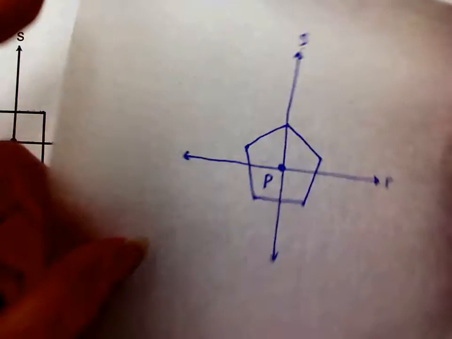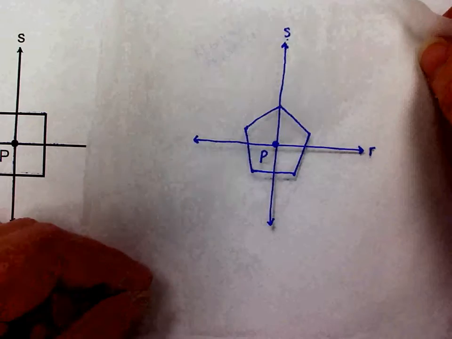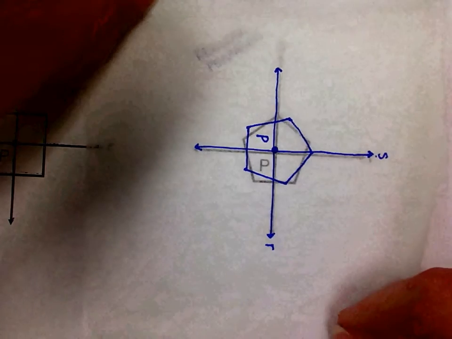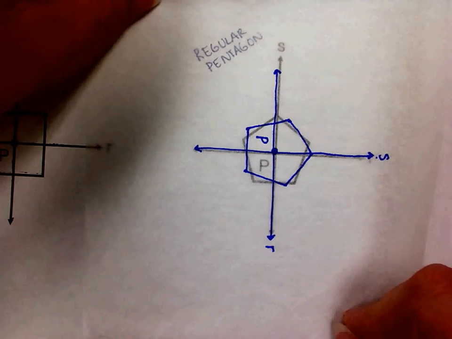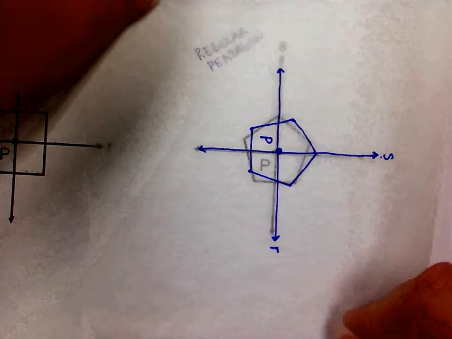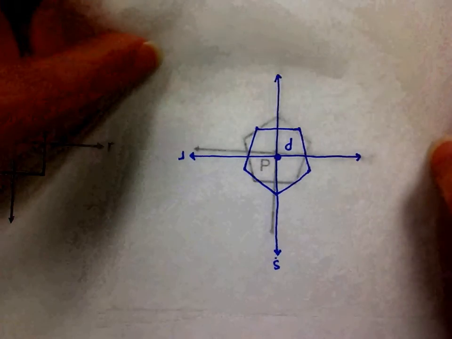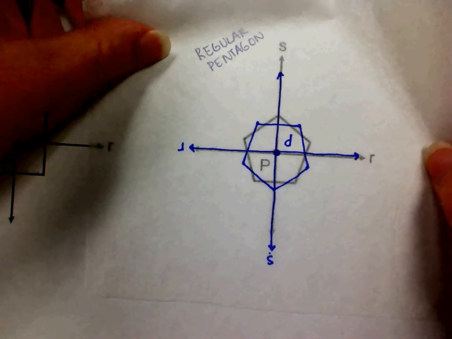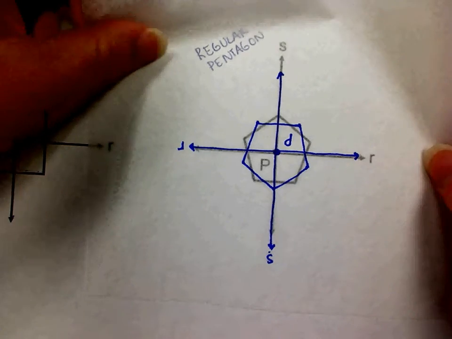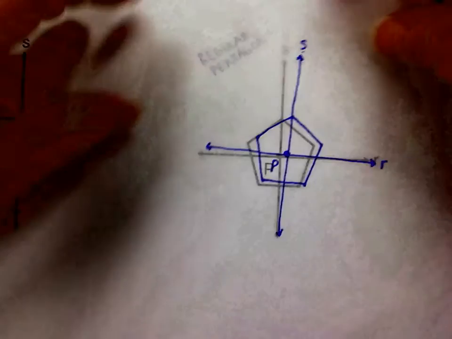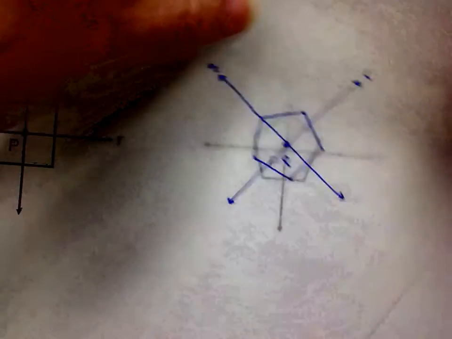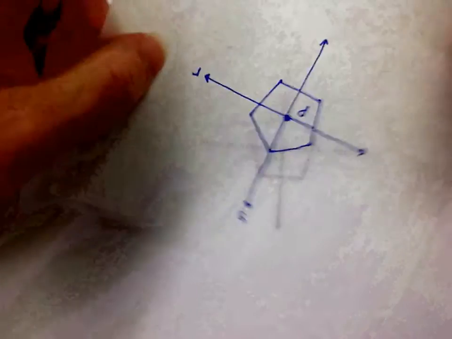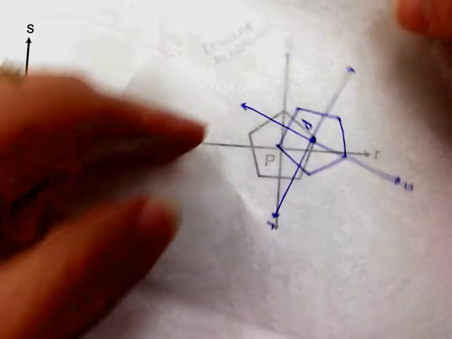If we do a 90-degree rotation, that's a fourth of a turn. My pentagon does not look the way it did to begin with. If we do 180 degrees, it does not look like it did to begin with. If we do 270 degrees counterclockwise, remember that is 1/4, 2/4, 3/4 of a turn.